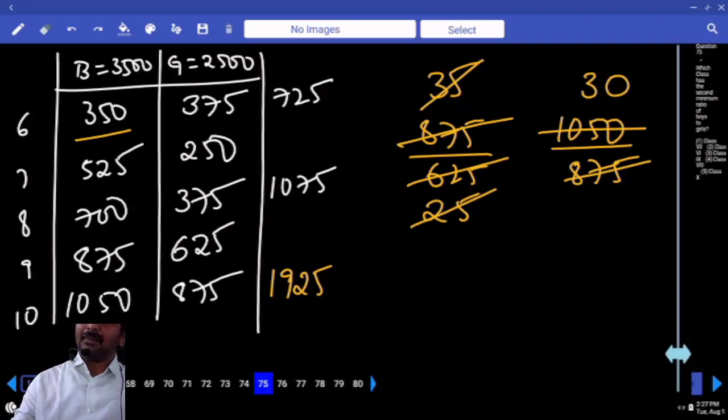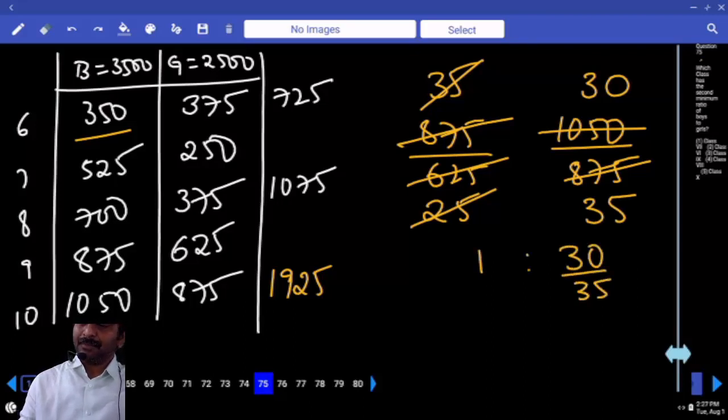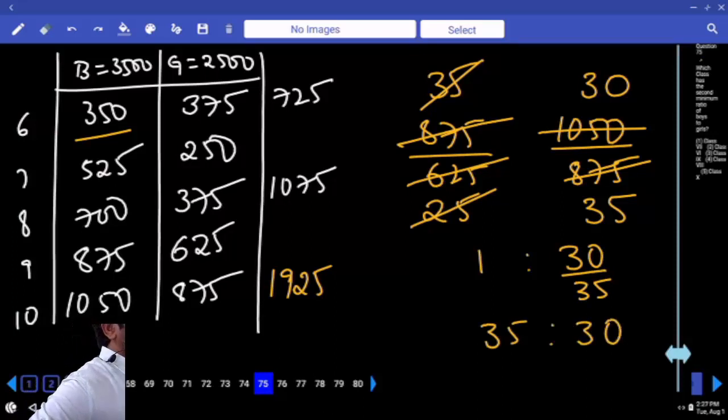In 875, how many will be there? 35. That means this is 1050 by 875, which is 42 by 35. You need not simplify it. Finally, it becomes 35 to 30 only, where we have a lesser number. 9th class or 10th class? So answer 10th class. Understood? Yes.